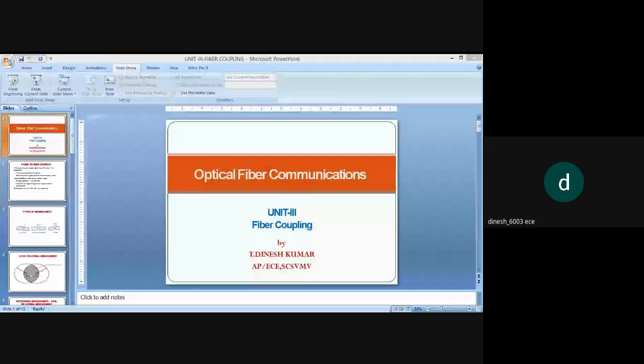We are going to see the behavior of modes which are present in the optical source, how they behave. Then we are going to see the optical beam filling with respect to the numerical aperture. We are going to see it with respect to the equilibrium of numerical aperture from the previous class. At last, we are going to see the losses.